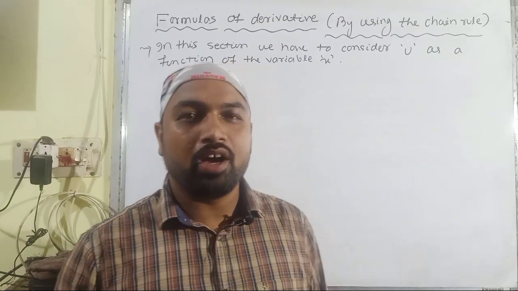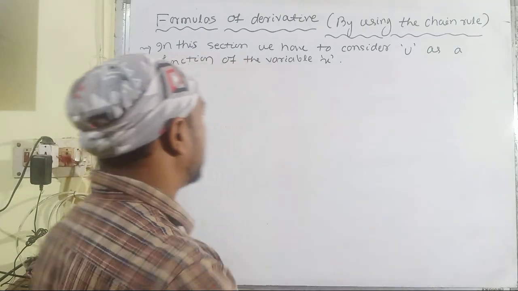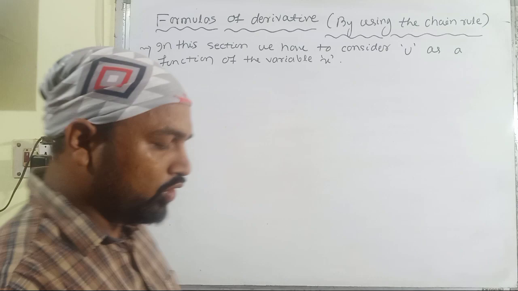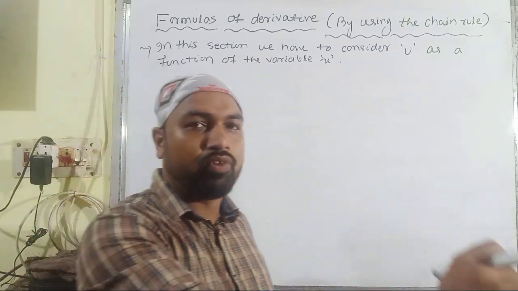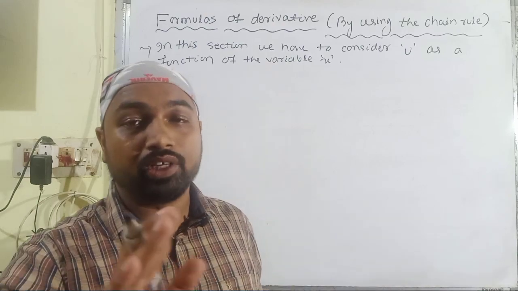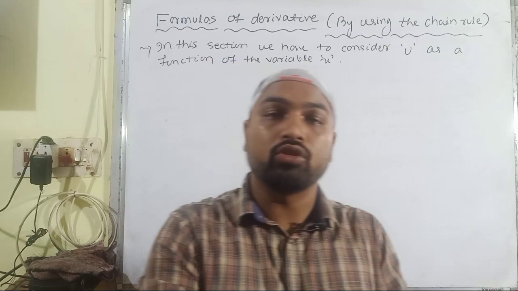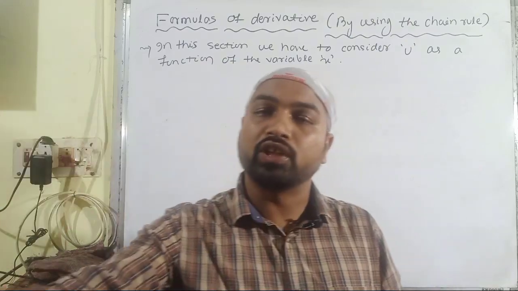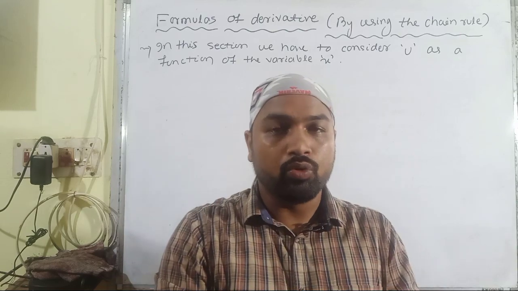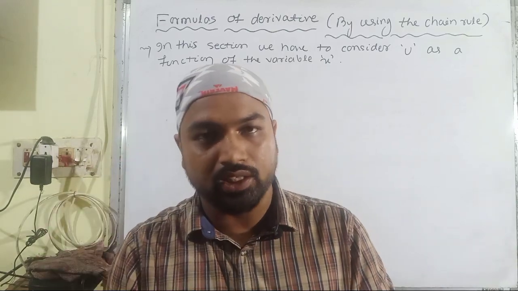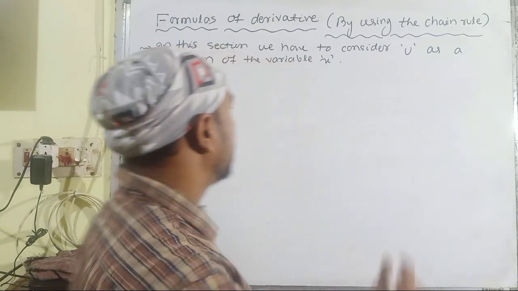So let us discuss the formulas of derivative using the chain rule method. But before going to the formulas, first of all let us consider u as a function of the variable x, because here we have to find the derivative of composite functions. That means there must be two functions. The function which is in the form of x, we consider as u.